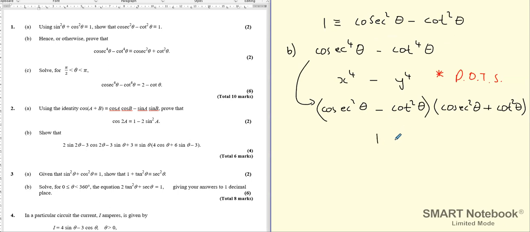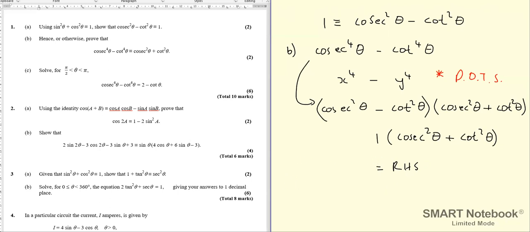So I can replace this with 1, and 1 multiplied by cosec squared theta plus cot squared theta is just what we wanted, the right hand side now. Okay, so that is part B done. So the key thing there was the difference of two squares.